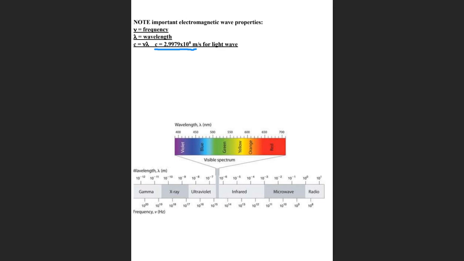And a wave, light waves included, has two important properties, frequency and wavelength. So I'm going to draw a picture of a wave down here. This is not the greatest art, but I hope you get the idea. Matter of fact, can I start over?